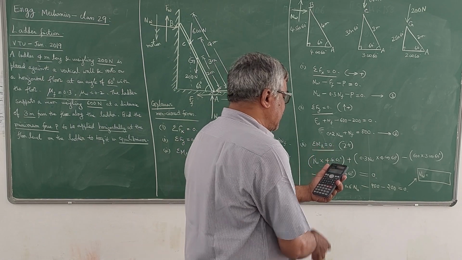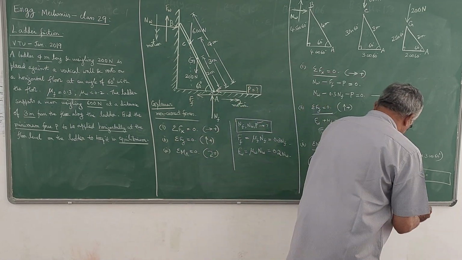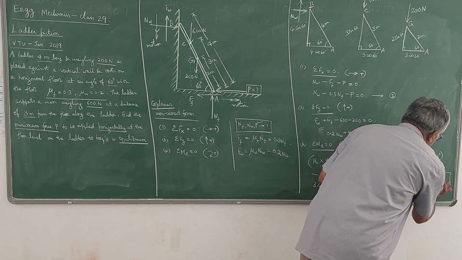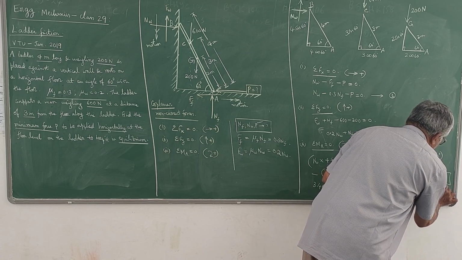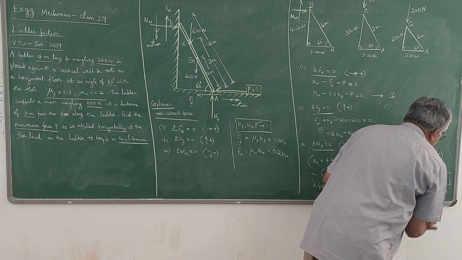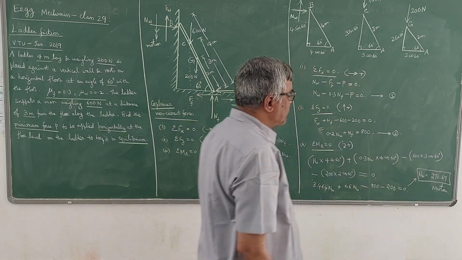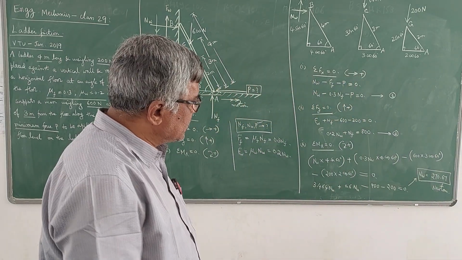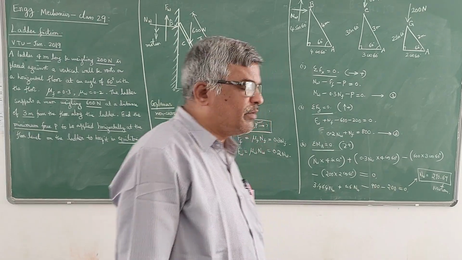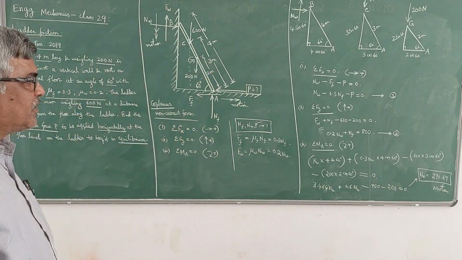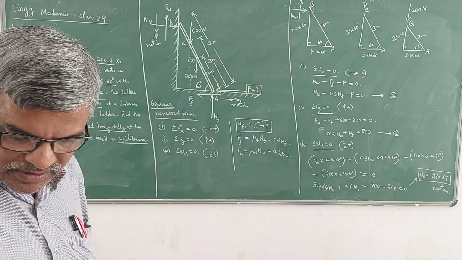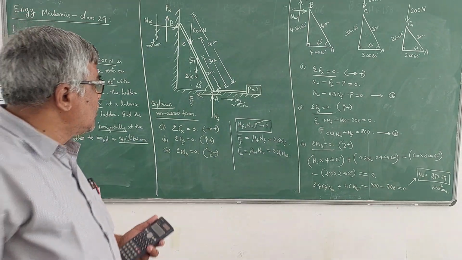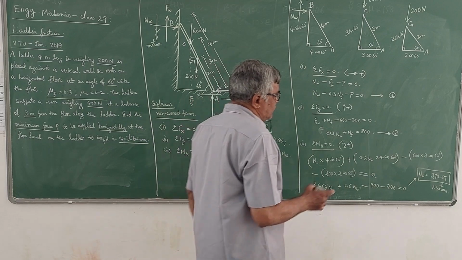So 270.67 newtons. Since the weight of the ladder and the weight of the person are given in newtons, the answers of the reactions will also be in newtons. So NW value is 270.6967 newtons.